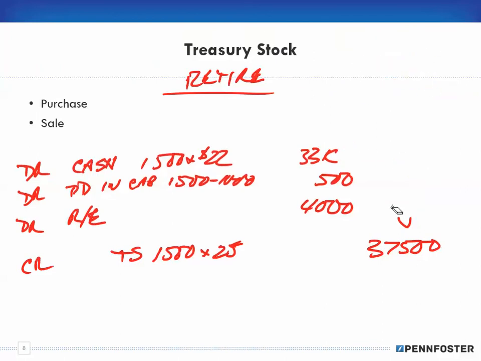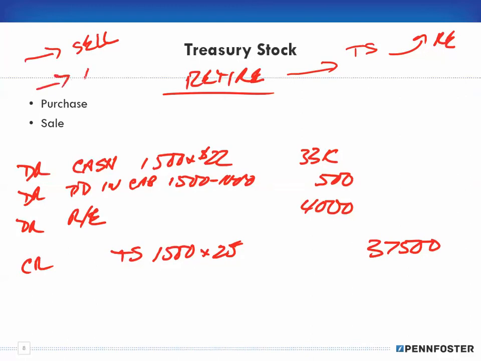If it were me personally, I just showed you what I would do when you retire treasury stock as is. You saw me make that entry from treasury stock to the retained earnings, right? So instead of combining the two together, if I'm going to sell treasury stock, I would make one entry for the sale of the treasury stock, and then I'd make another entry to retire treasury stock, okay?